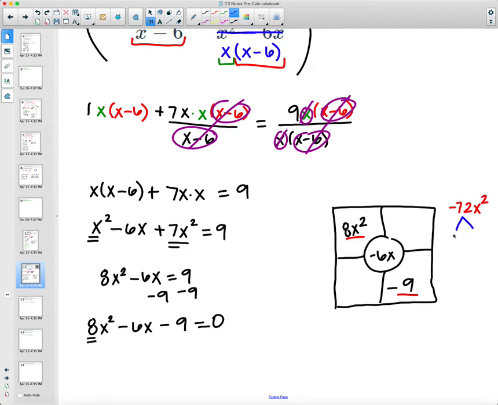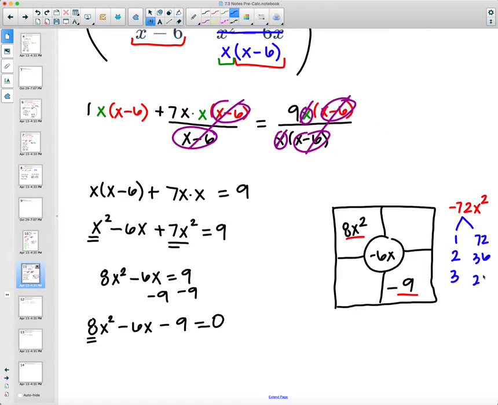So if you can't find it right away, you can list out all the factors if you want to. So we have 1 and 72, 2 and 36, 3 and 24.